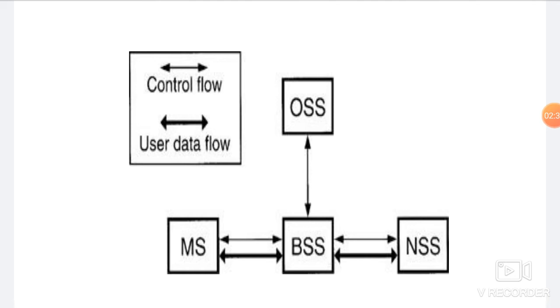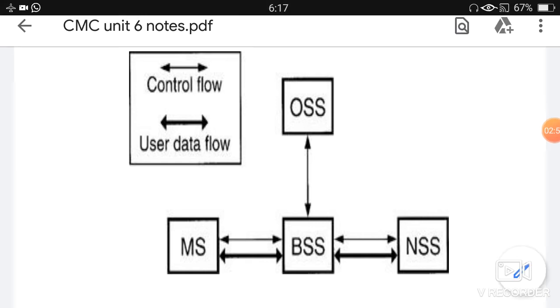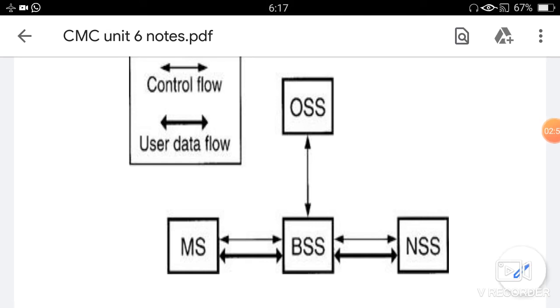The next one is your BSS. Now we are going to look at the base station subsystem. Basically, the BSS connects to the mobile station through a radio interface, and all these interfaces we are going to discuss later.